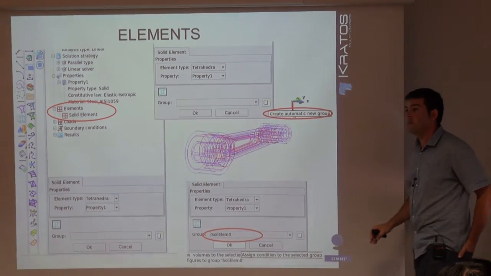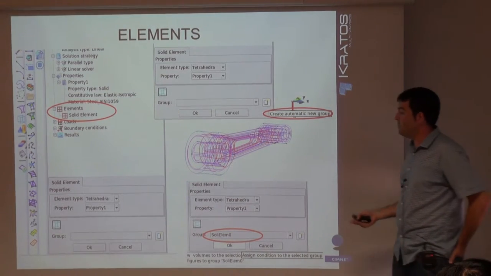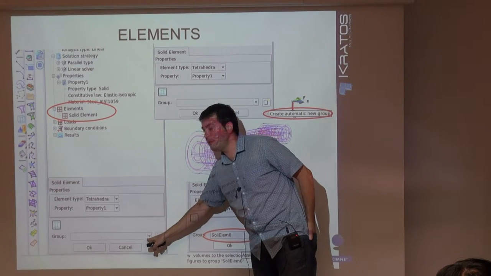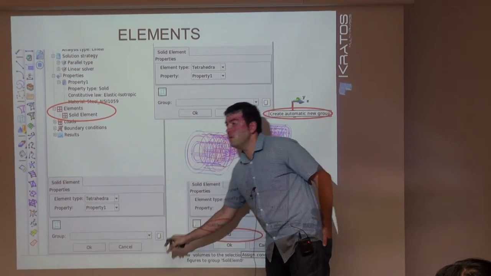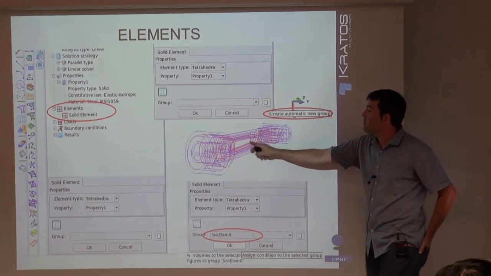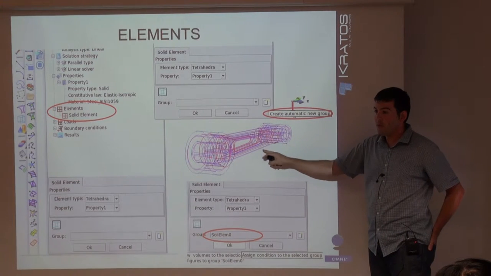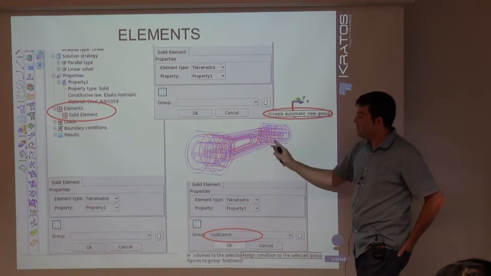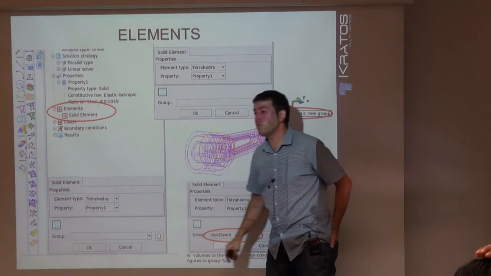So we just push it here, and I selected the volume where I wanted to implement this tetrahedra with these properties, right? There is another possibility, which is to have initially a group created, and we can select here, opening this window, a group that contains this volume, right? In this tutorial, we are going to create all the groups automatically.